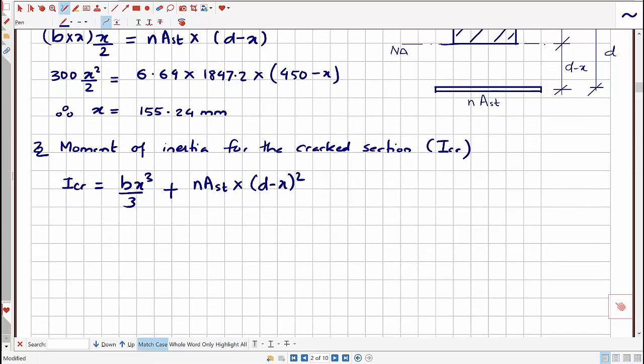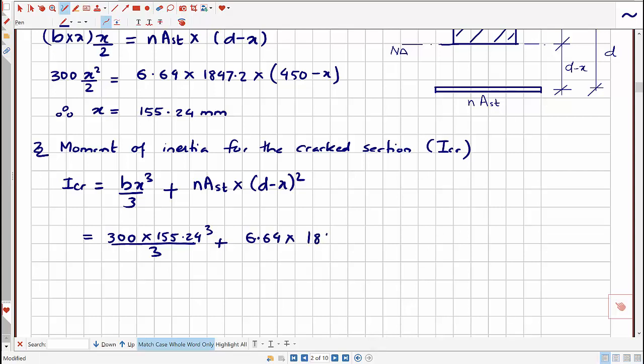So plugging in the values there, we know b is 300, X we have computed as 155.24 cubed, 6.64 is your n. Tension reinforcement is 1847.2, and d minus X is 450 minus 155.24, squared.